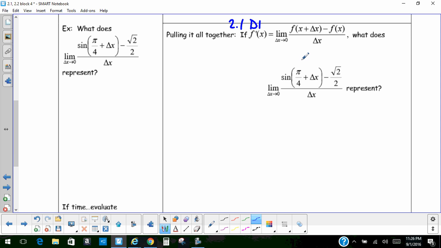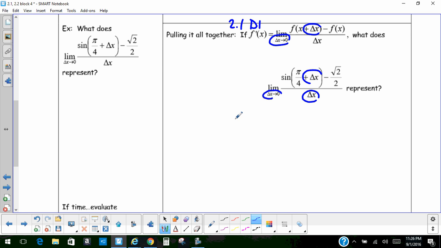Well, now you should start to see some parallels. Like, for example, they both have delta x going to 0. They have this something plus delta x showing up. And they have this delta x in the bottom showing up. Well, so then we've seen some parallels.